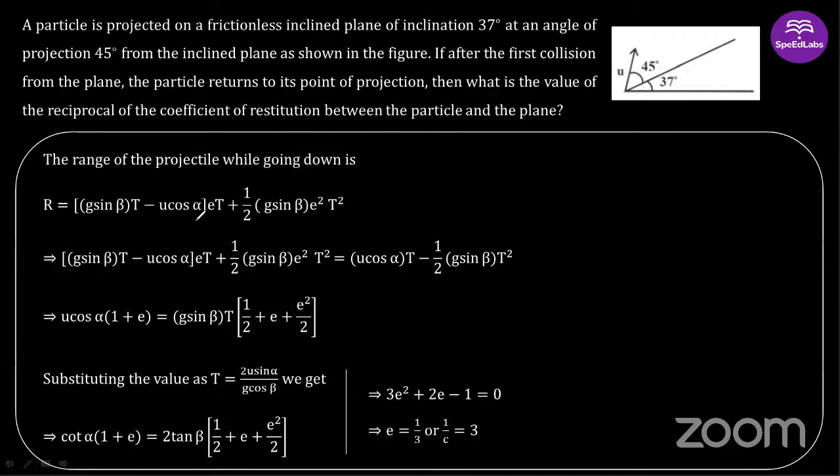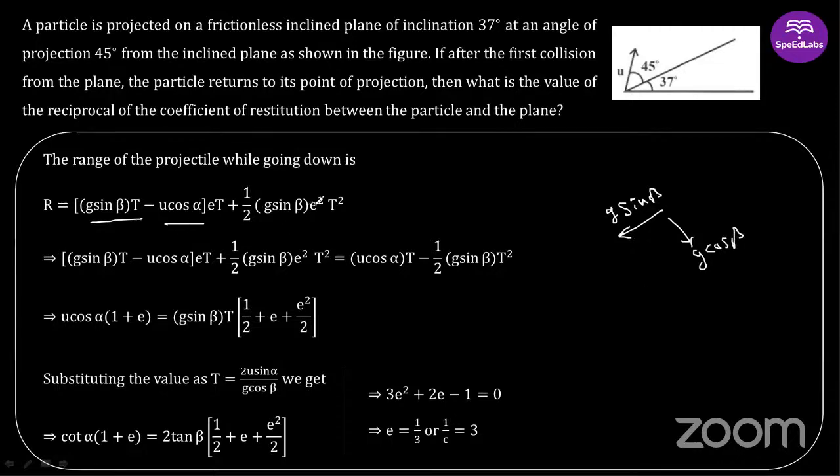So range is this, and one second. It's basically like this is g sine beta, this is g sine alpha, sorry, g cos beta. Give me a second. g cos beta.